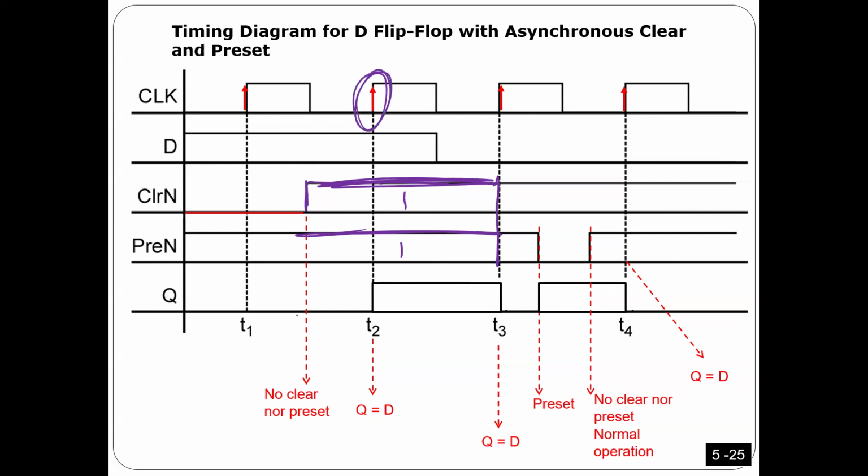That's why this one was 0 and it's going to continue 0 until the clock happens. At the clock here, D is 1, so here Q should be 1. Is that okay? Q was 1 here, but there was no clock, so the change will happen only at the clock here.